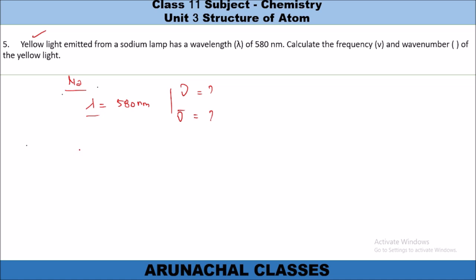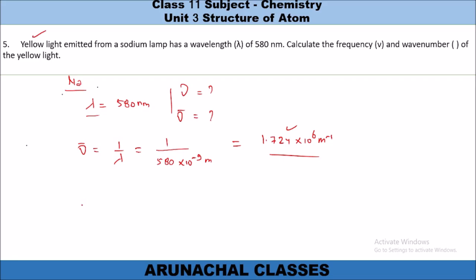We know that wave number nu bar is the reciprocal of the wavelength, so it is 1 upon lambda. Put the values. Lambda is given as 580 nanometer, so I will convert it into meters: 580 multiplied by 10 power minus 9 meters. Now if I divide, I will get 1.724 multiplied by 10 power 6 meter inverse. That will be the wave number.